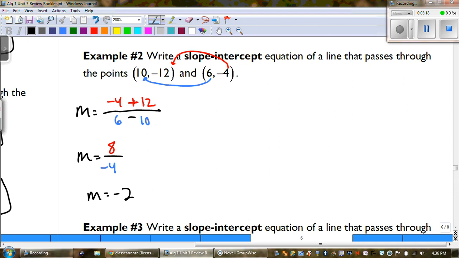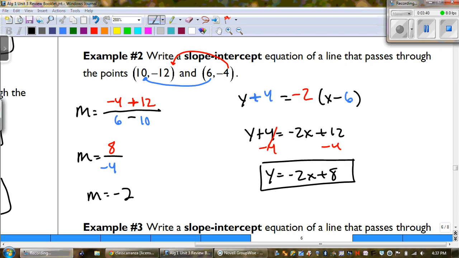Okay. So now you need to plug into this form. So why don't you pick a point, pause the video, and see what you get. Okay, once you're done with everything, you should get y equals -2x plus 8.